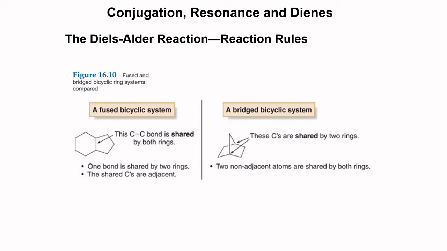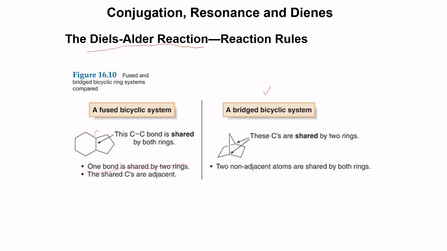So what is the difference between a fused bicyclic system and a bridged bicyclic system? We know that the Diels-Alder reaction can give us a bicyclic system, whether it is a fused bicyclic system or a bridged bicyclic system. The same thing about these two systems is that one bond is shared by two rings.